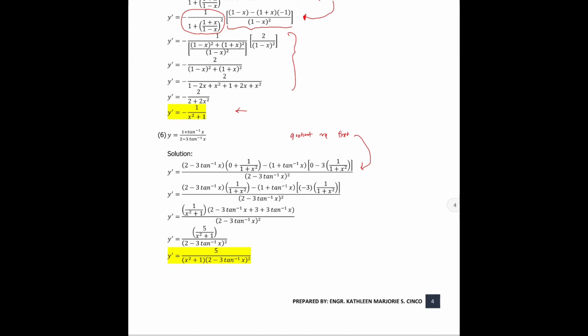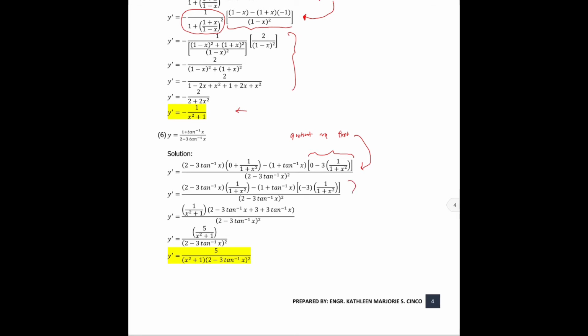Ang nahitabo sa kaninga example class is dari ra nga portion nag-evaluate sa derivative sa inverse trigonometric, which is kaning 2 minus 3 arctan x. Kanilang na portion.